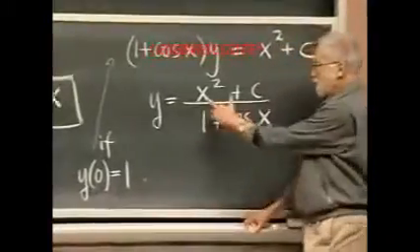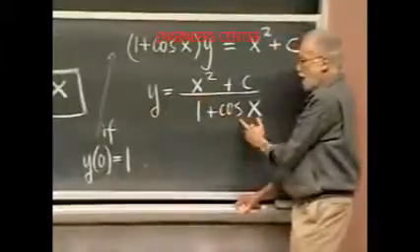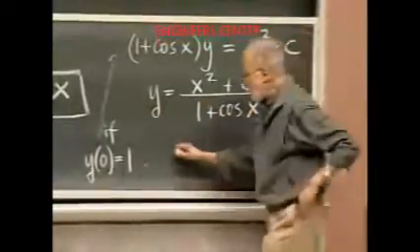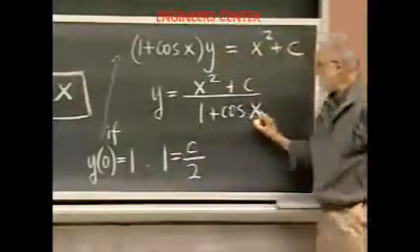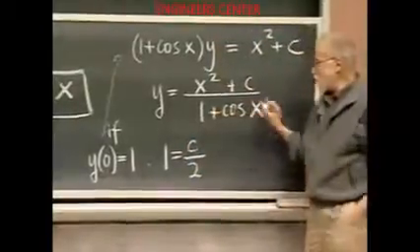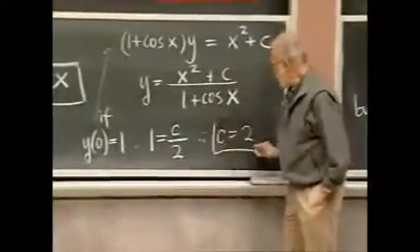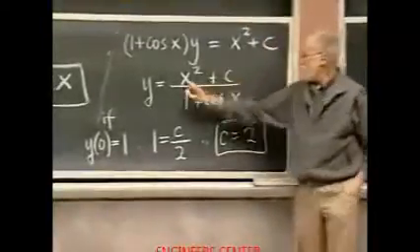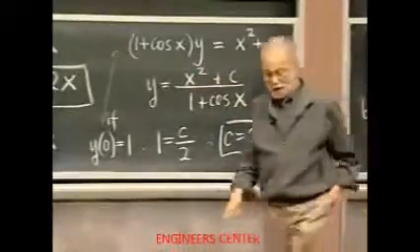What would it be? On the left-hand side, 1. On the right-hand side would be c over 2. So I would get 1 equals c over 2. Is that correct? Cosine of 0 is 1, so that's 2 down below. Therefore, c is equal to 2, and that would then complete the solution. It would be x squared plus 2 over 1 plus cosine x.